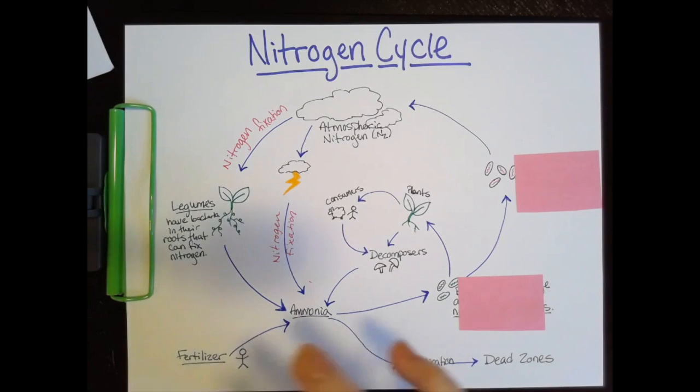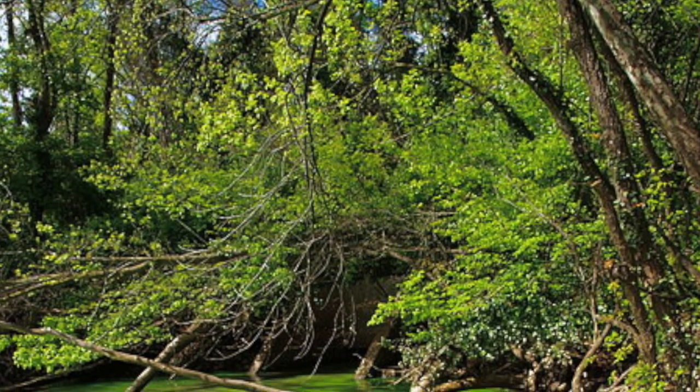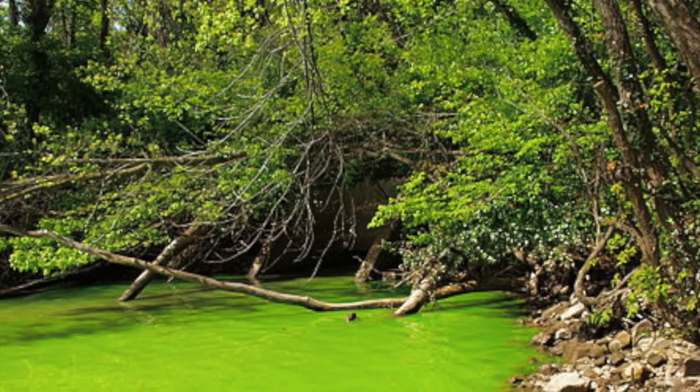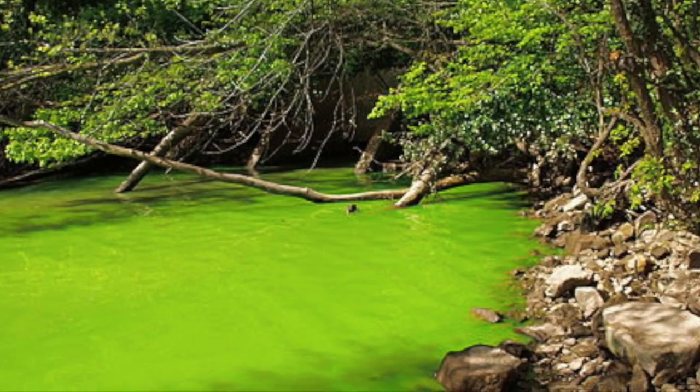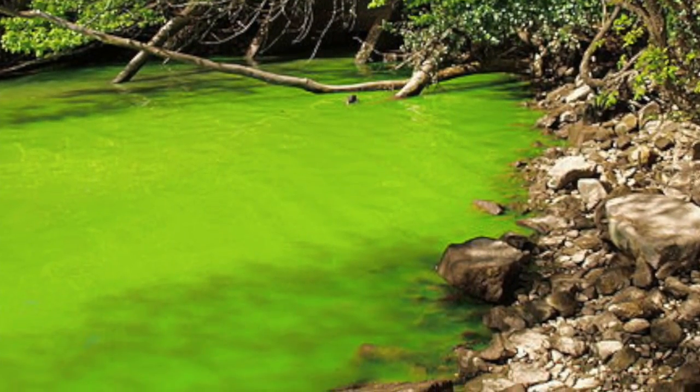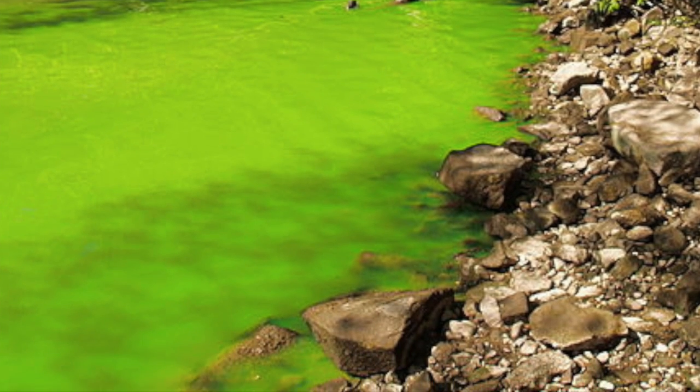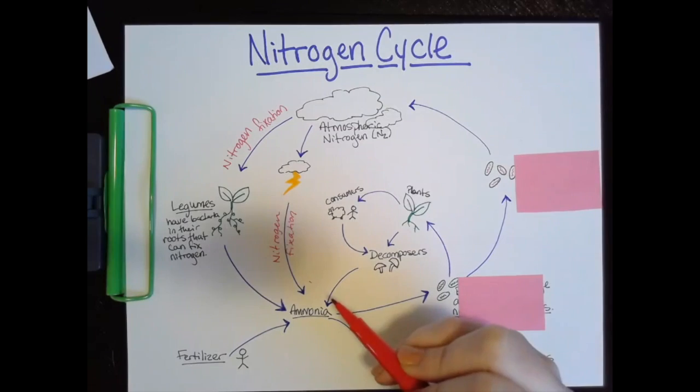You get lots of ammonia running into your ponds and your rivers, and the algae that live in those ponds and rivers love that ammonia. They love it so much that they grow really quickly. They cover the tops of those ponds, and they block out light and oxygen for everything else that lives in those ponds. And when you block light and oxygen, nothing else can survive. You get these dead zones.